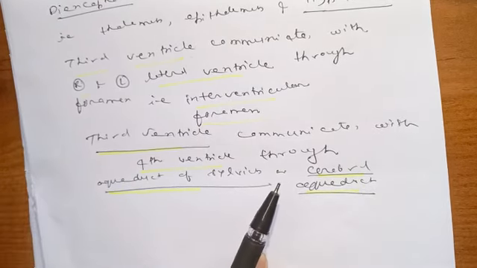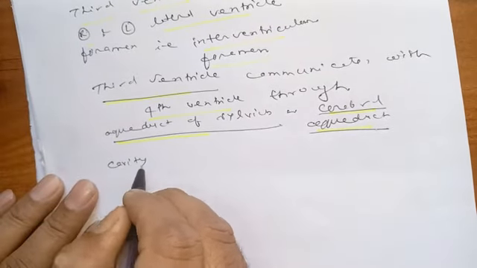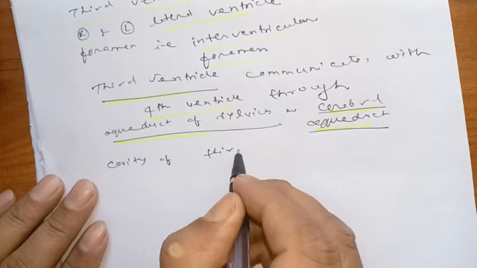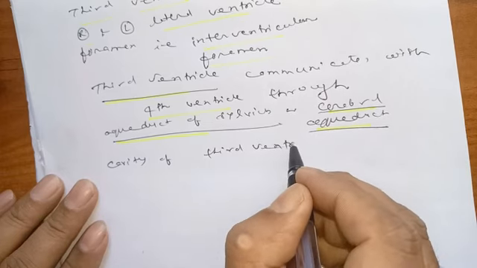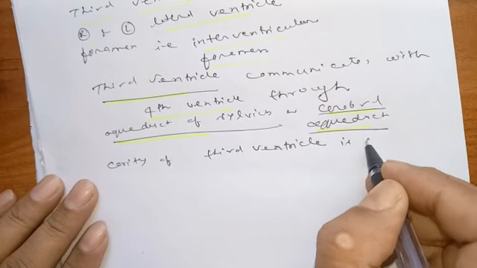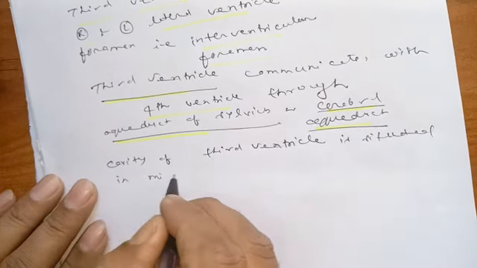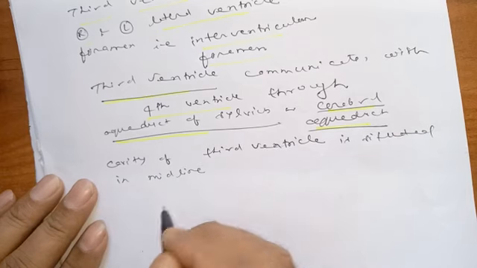Now the cavity of the third ventricle is situated in the midline, in between the two thalami.